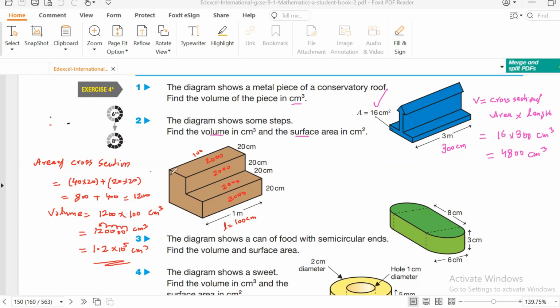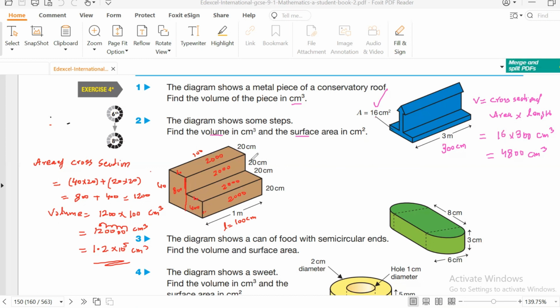Same as this, if you draw a line this way, this height is 40, yes, 40 into 20. This front part, 40 into 20, we already found in the previous part, which is 800, and this was 20 into 20, which was 400.